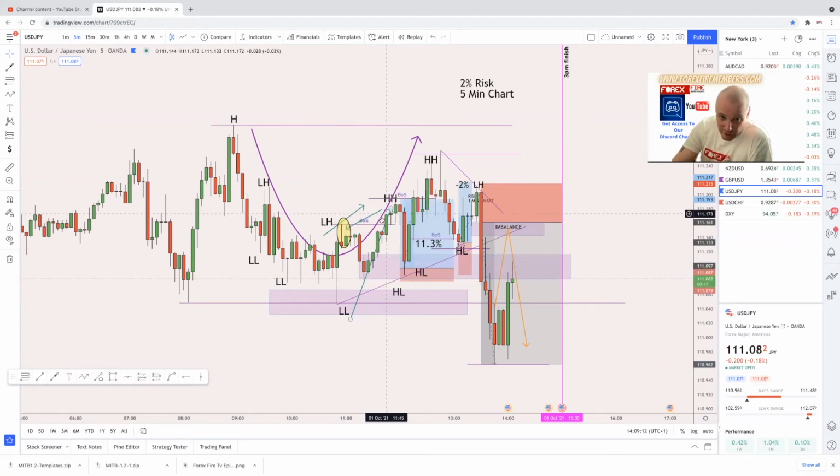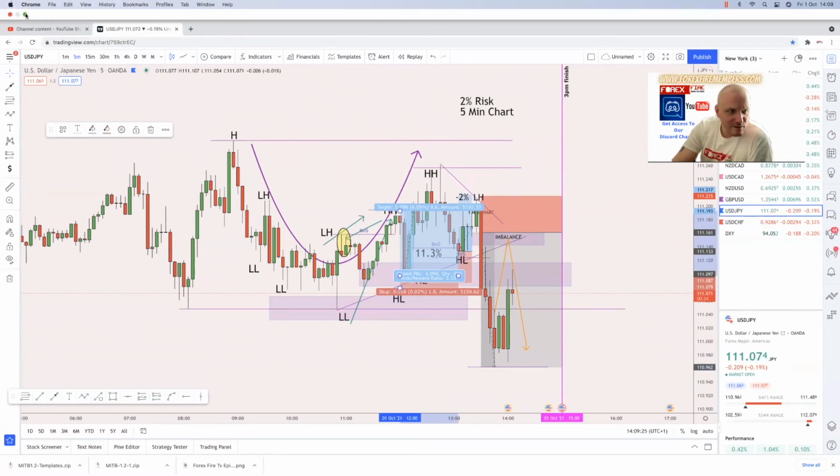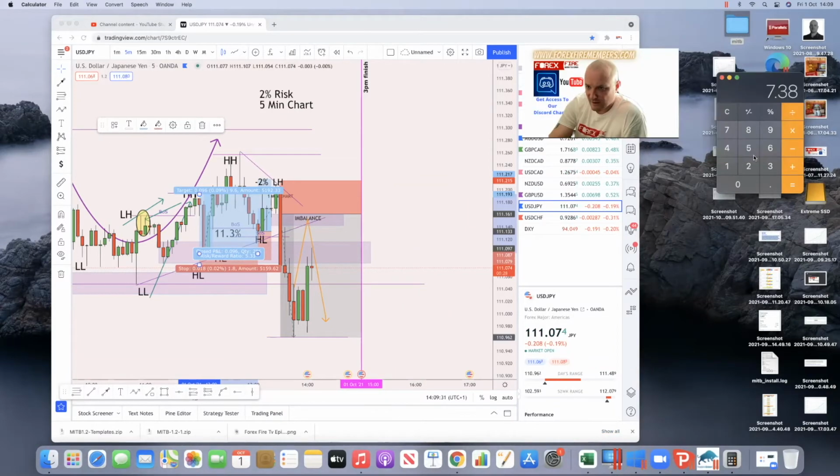And then it rocketed up out of what did break the structure to give a risk to reward of 5.33. Just bear with me, guys, just to make sure this calculation is correct. 5.33 times by the 2.